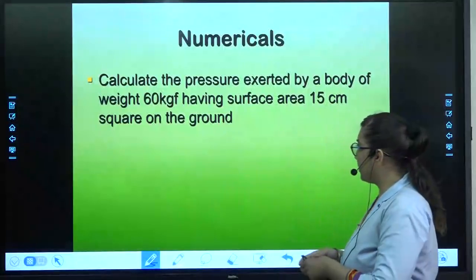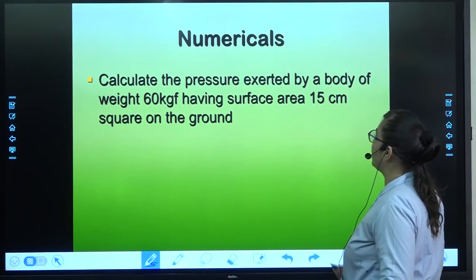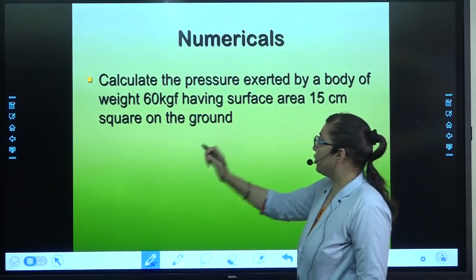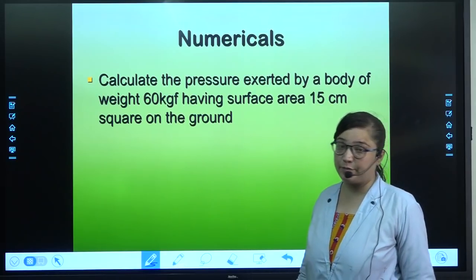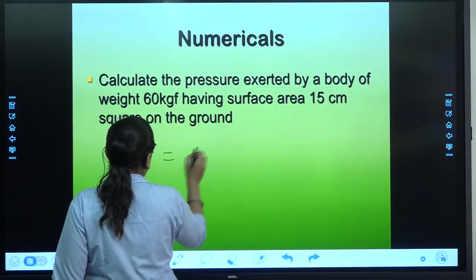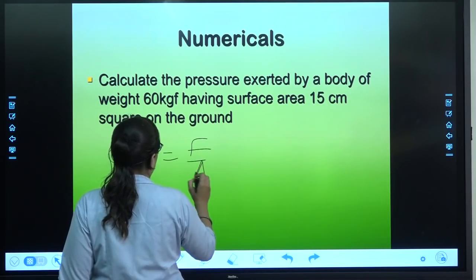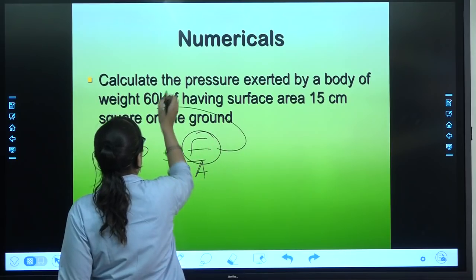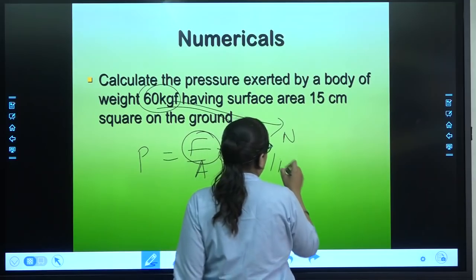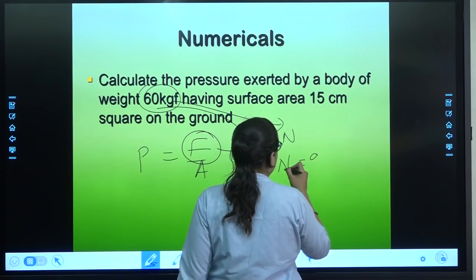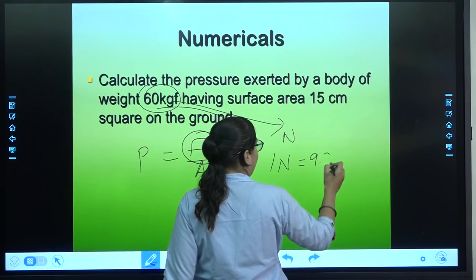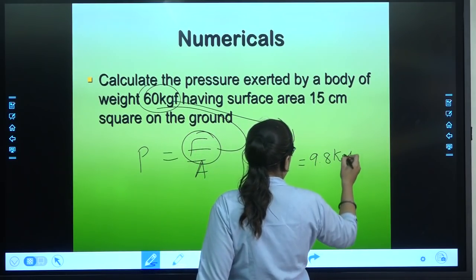We started with this numerical: calculate the pressure exerted by a body having weight 60 kilogram force and area 15 centimeters square. How did we find the pressure? Simply, pressure is force upon area, but the force is given in kilogram force, so you need to convert it into Newton, using 1 kilogram force is 9.8 Newton.